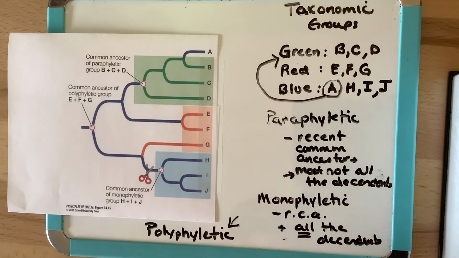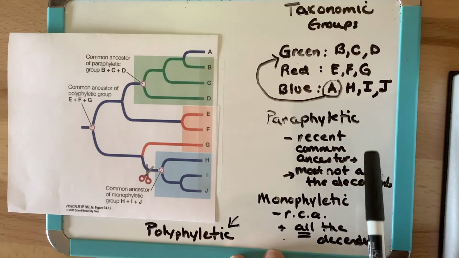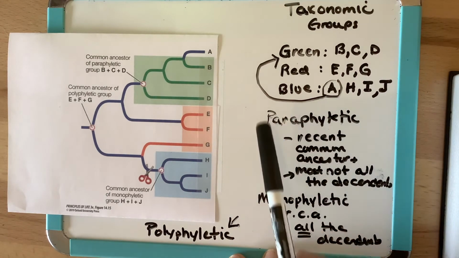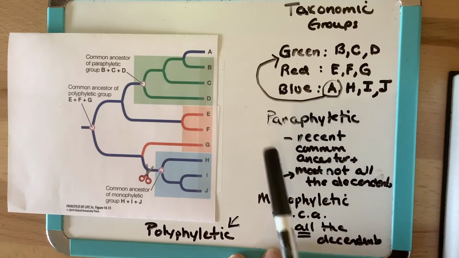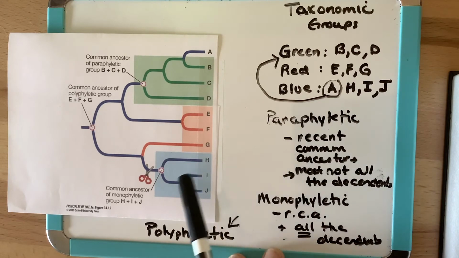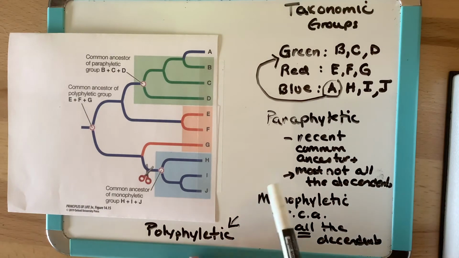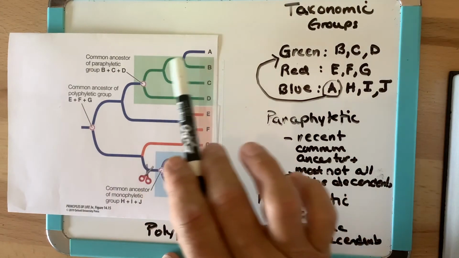And we have a situation in the last 10 years or so where we've had prime examples of both the identification of a paraphyletic group and the establishment of a polyphyletic group that has changed our understanding of the different taxonomic groups that we look at in the domain Eukarya. So let's take the example of this over here.